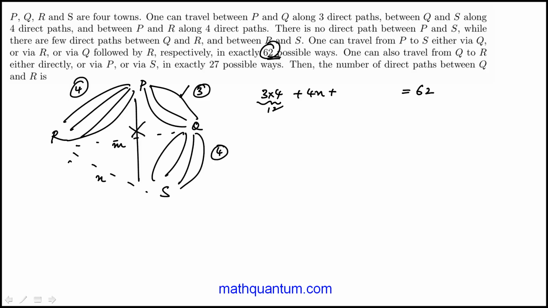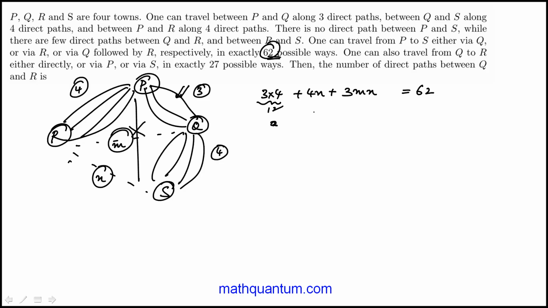And then via Q followed by R: you're going from P to Q to R and then S. So that's going to be 3 times m times n.